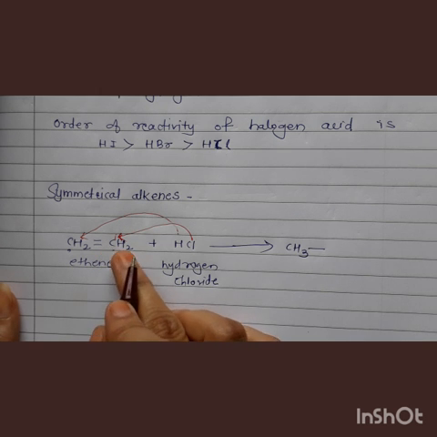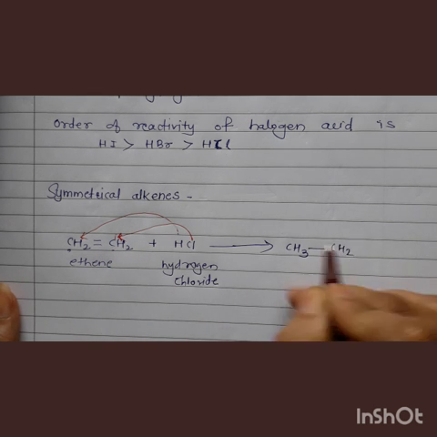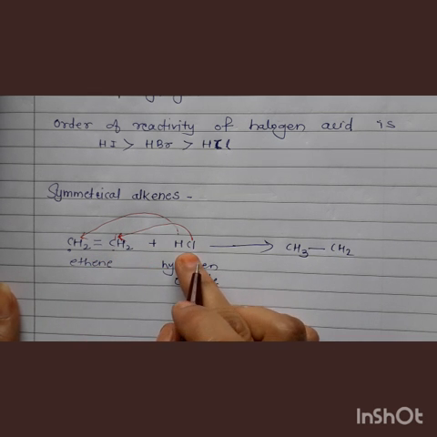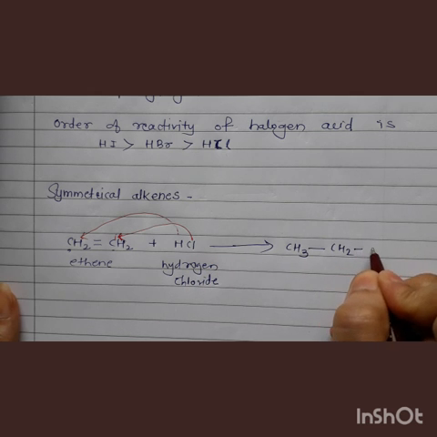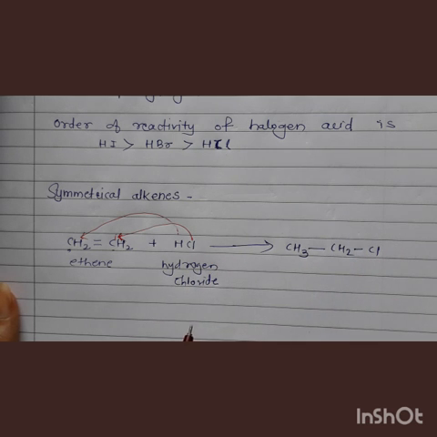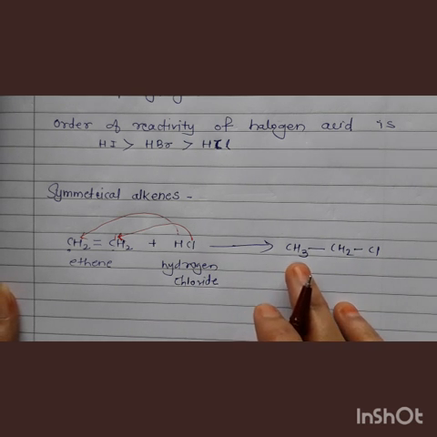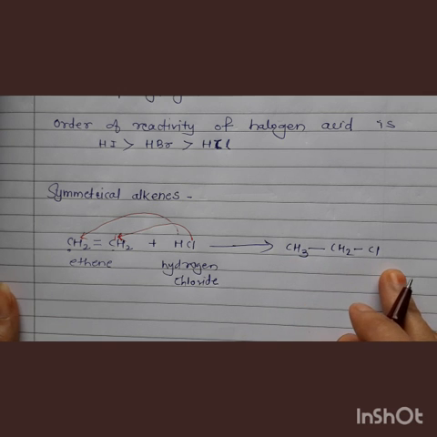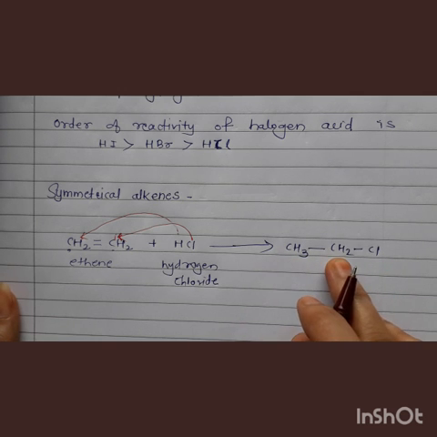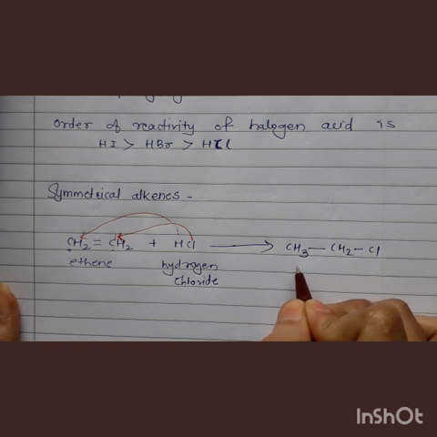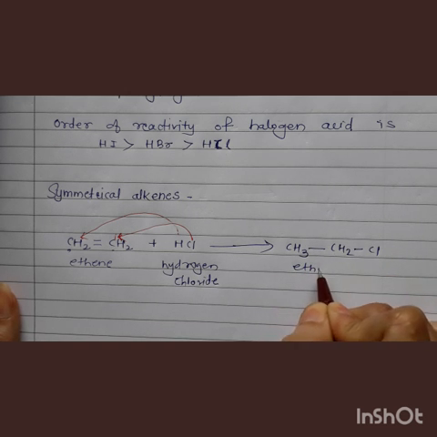Then CH2, and on this carbon atom this chlorine will get added. Let us show chlorine over here. So what we have got is CH3, CH2, Cl. Two carbon atoms and one halogen, which is chlorine, are there. So the name of this compound is ethyl chloride.